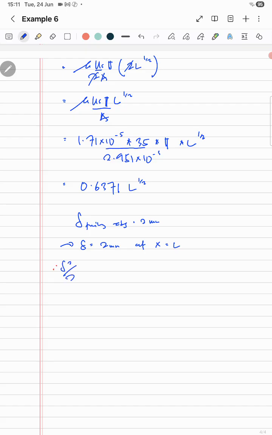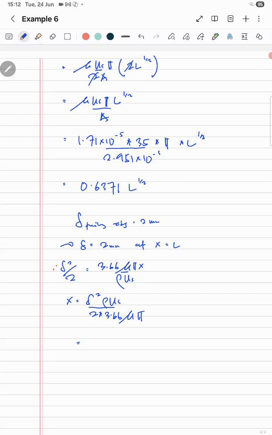We have delta squared over 2 equal to 3.66 mu pi x over rho us. So from here x equals delta squared rho us over 2 multiplied by 3.66 mu pi.